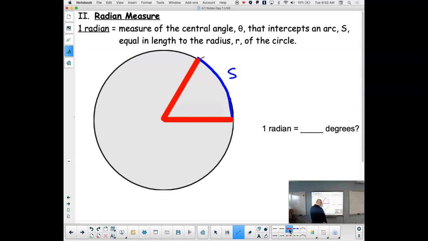So then this angle here would be theta. You can just sketch that if you need to.